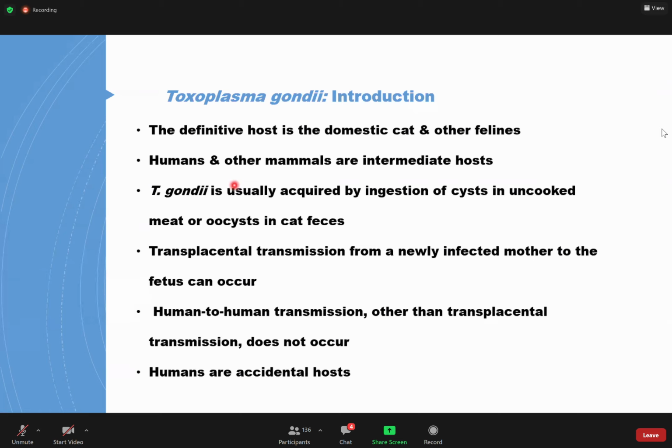Anyway, they're epicomplexa because during reproduction, during replication, remember I told you that these organisms don't have a recognized organ of locomotion. But at a stage during their replication, they have this developmental stage that has a lot of hydrolytic enzymes packed in an organelle located at the apex of that intermediate developmental stage.